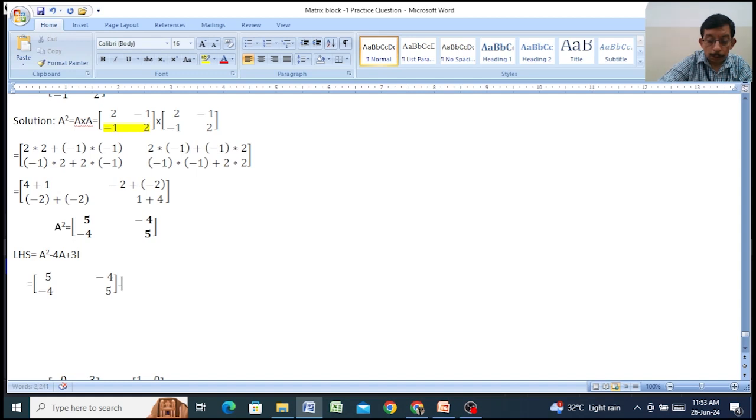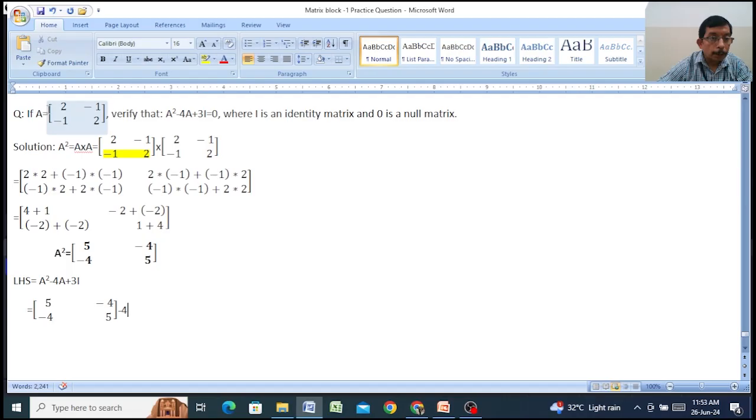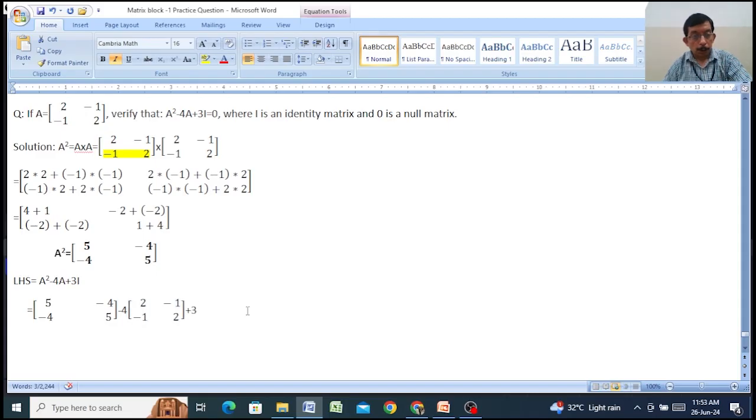Minus 4A. Note down the value of A. Plus 3I. Note down the value of I. I is the unit matrix of second order: 1 0, 0 1.